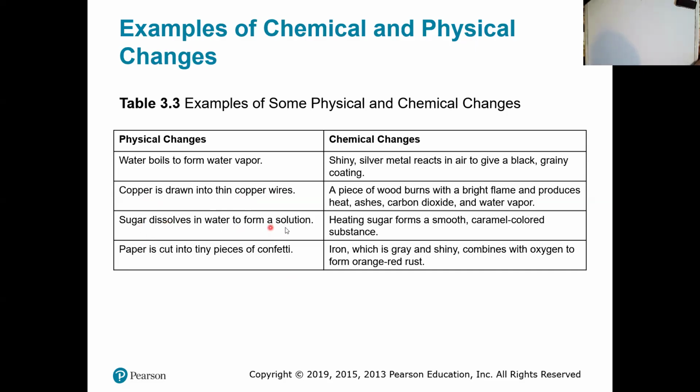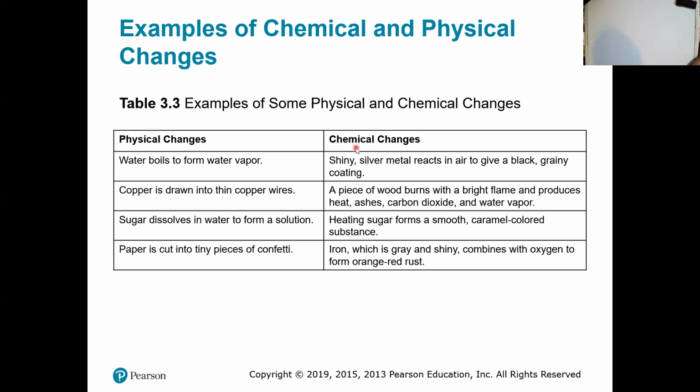Sugar dissolving in water to form a solution: you start with solid sugar and liquid water, and when you mix them together, the sugar and the water aren't forming bonds. You just have sugar mixed around in the water, but they're still separate substances. Paper cut into tiny pieces of confetti is smaller, but it's still paper. Those are all examples of physical changes.